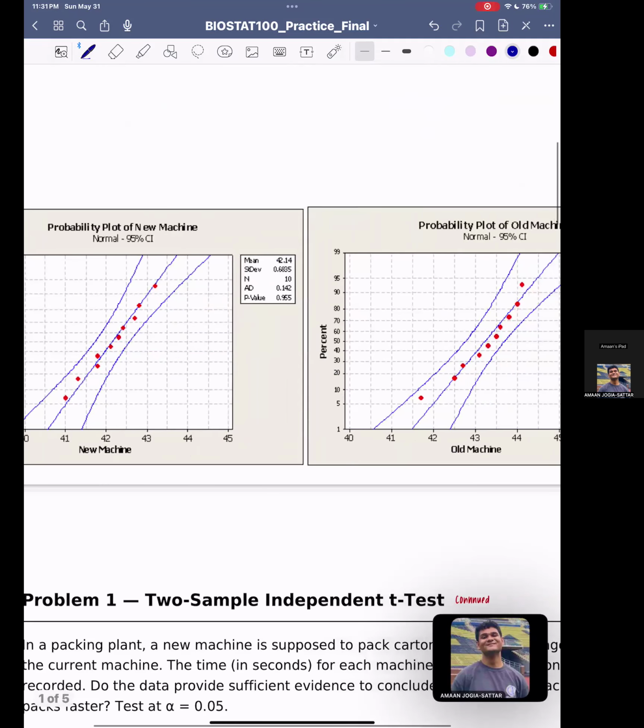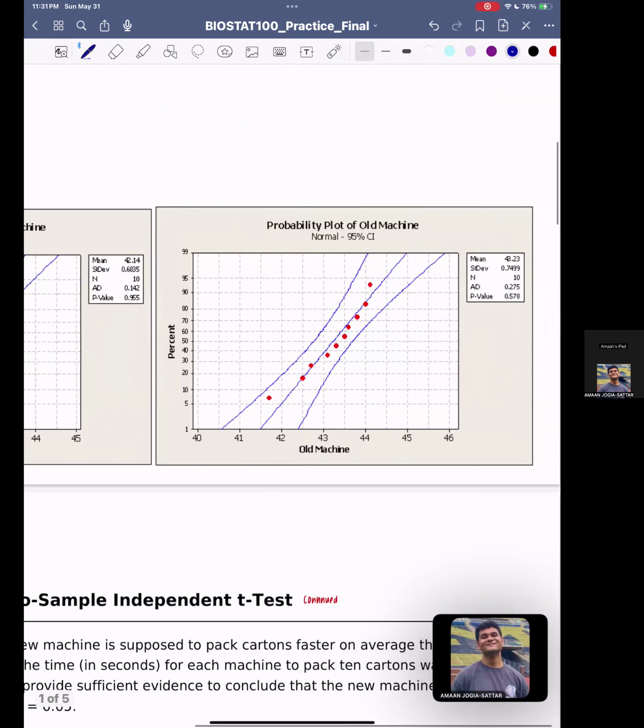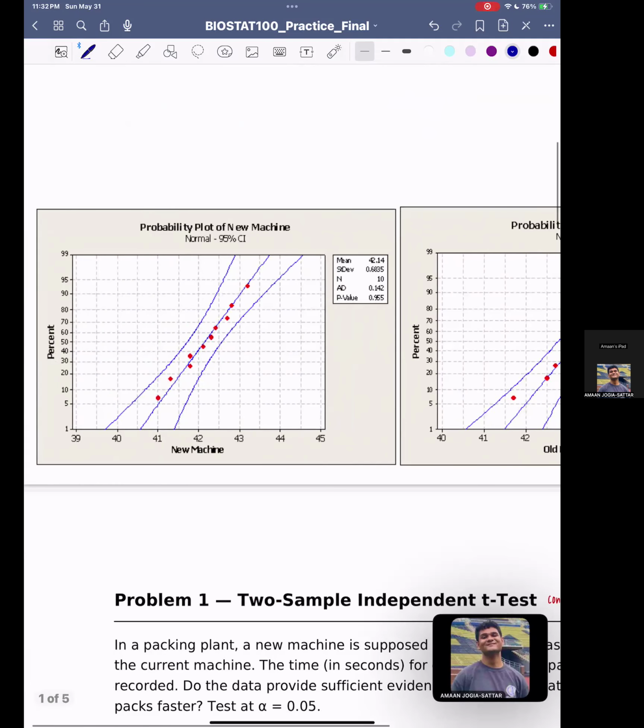And these plots are basically normal probability plots. And what do they show? Well, you see on the x-axis, we have raw data observation values. And then on the y-axis, we have this compressed and rescaled percentile distribution from 1 to 99.